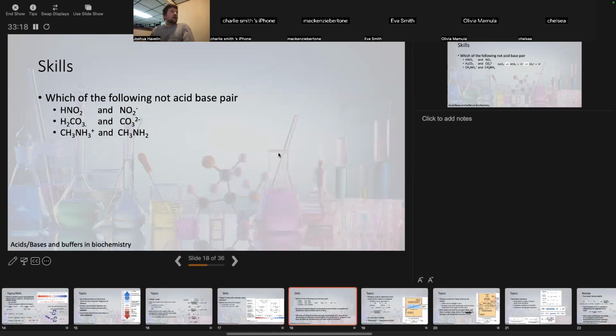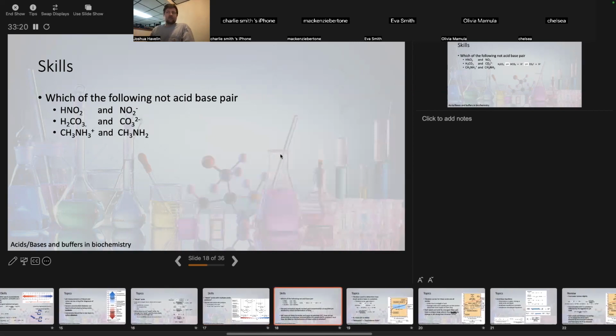Okay, so this is meant to be a super quick exercise about identifying acid-base pairs. Which of the following is not an acid-base pair? We know HNO2 and NO2 minus: that molecule's just lost its H plus.